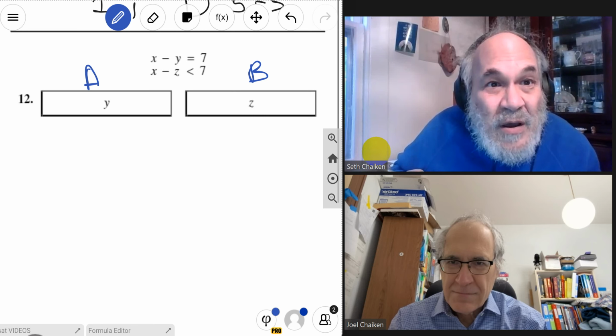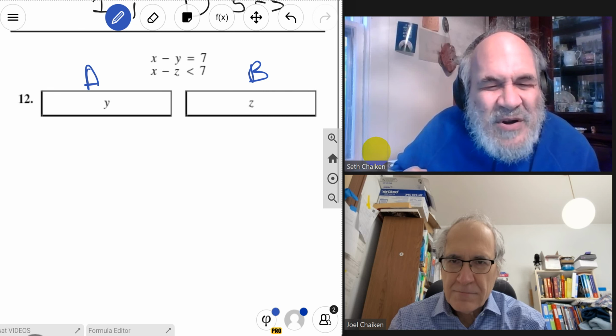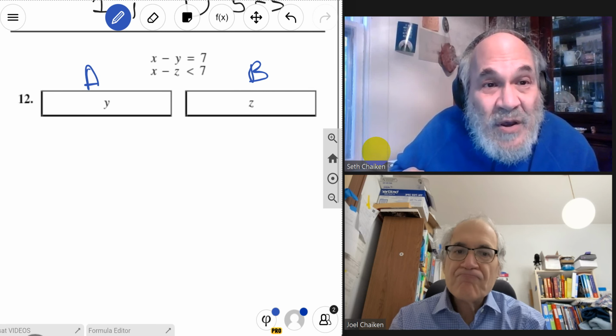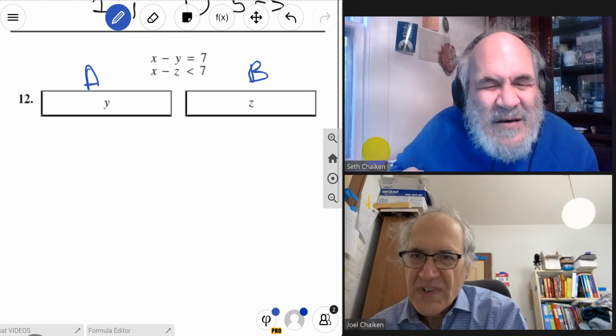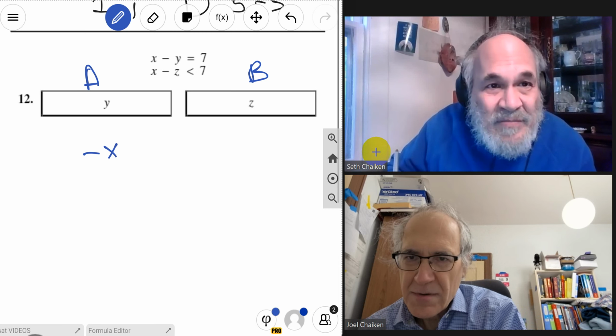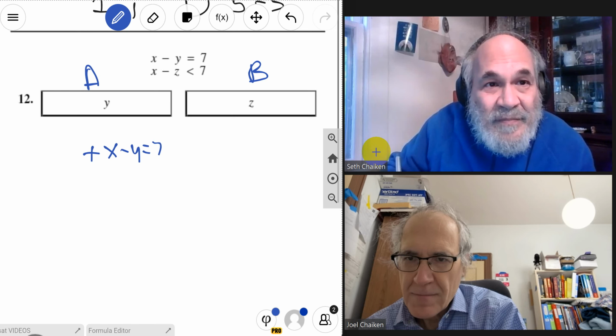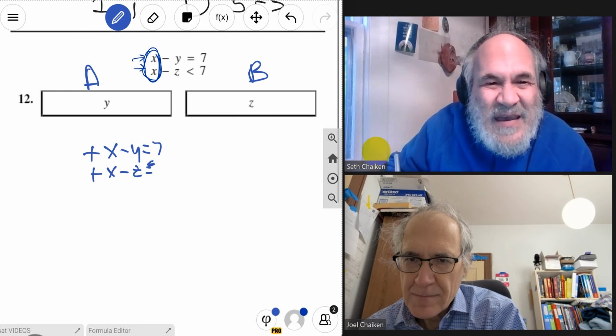I want to figure out a number comparison relationship between Y and Z, and now I see immediately that there are X's in these two linear left-hand sides.